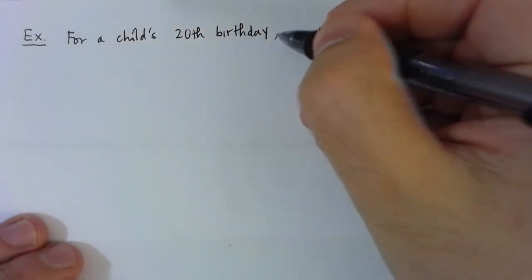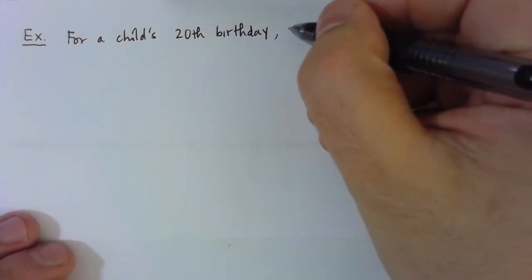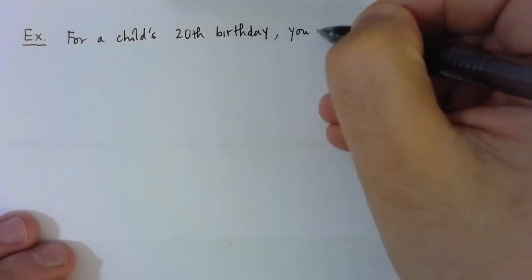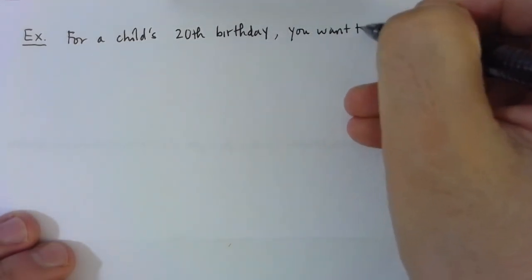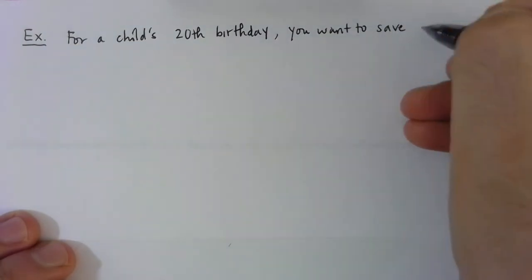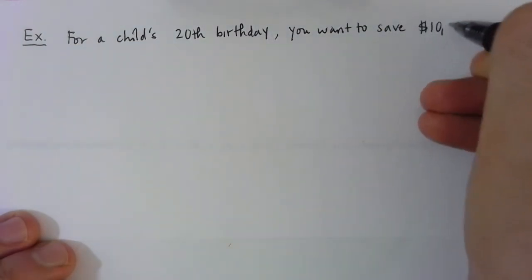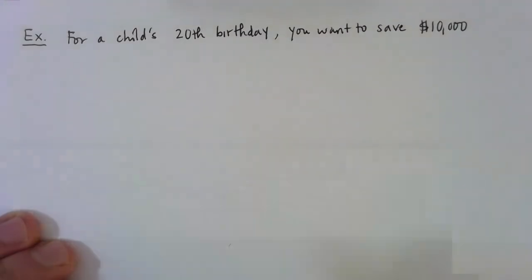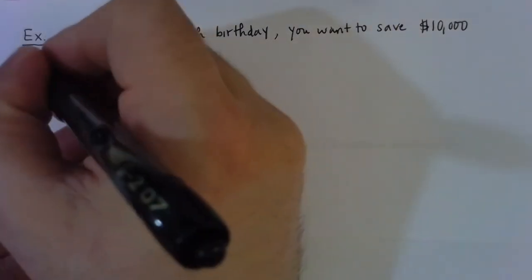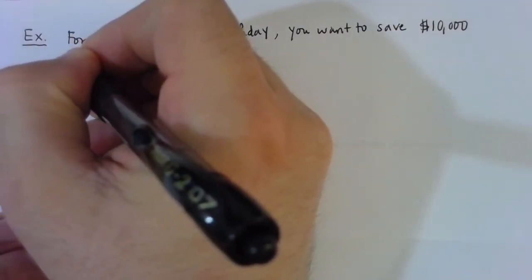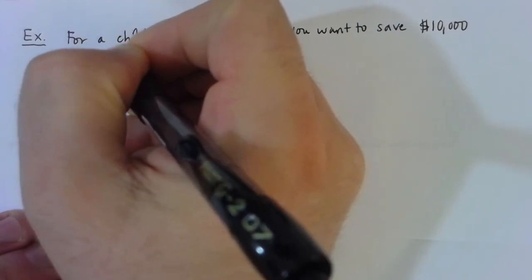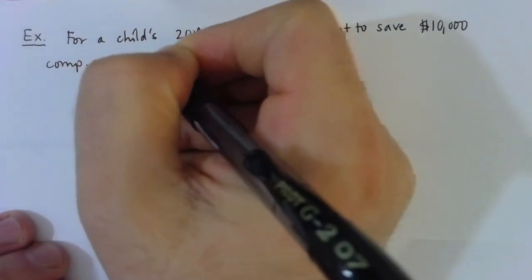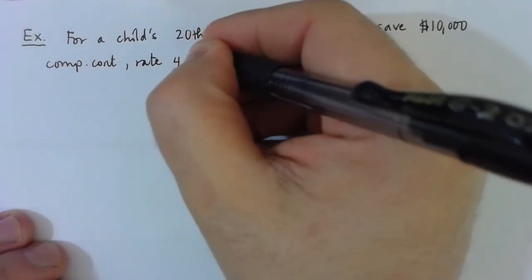Let's say you want to save $10,000, and the account is compounded continuously, and the rate is given to be 4%.